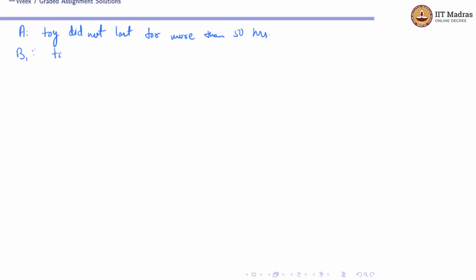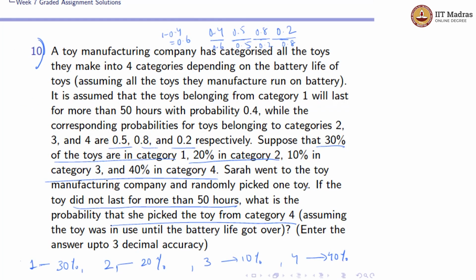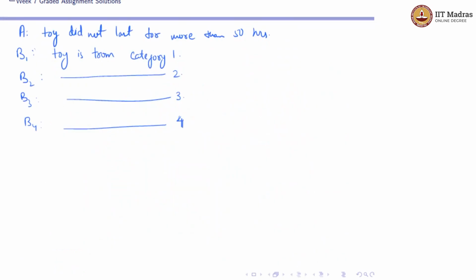Let B1 denote the event that the toy is from category 1. Let B2 denote the event that the toy is from category 2. B3 denotes the event that the toy is from category 3. And B4 denotes the event that the toy is from category 4. We have to find out the probability that she picked the toy from category 4 if the toy did not last for more than 50 hours.